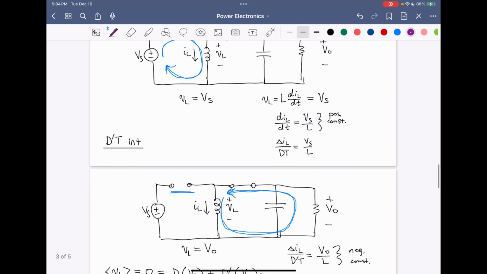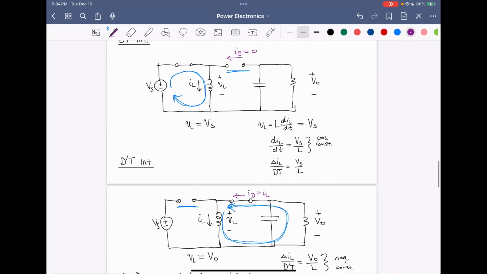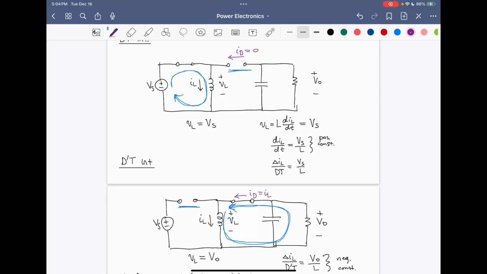And then in the d prime T interval, the diode current ID is equal to IL. Now, what about the capacitor current? The capacitor current is shown here, IC, and we also have the output load current as Vout over the load resistance R.